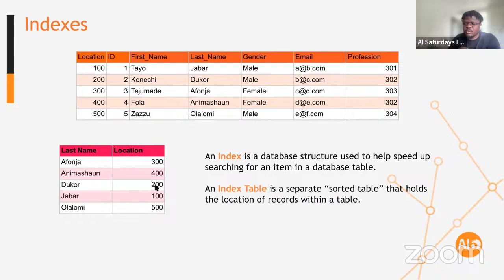Now, once it knows location 200, it is no longer looking just for Ducor. Rather, it is looking for the location 200, and it is going to understand where the position 200 is within the system, rather than looking for Ducor in a list of many names. Does that make sense?